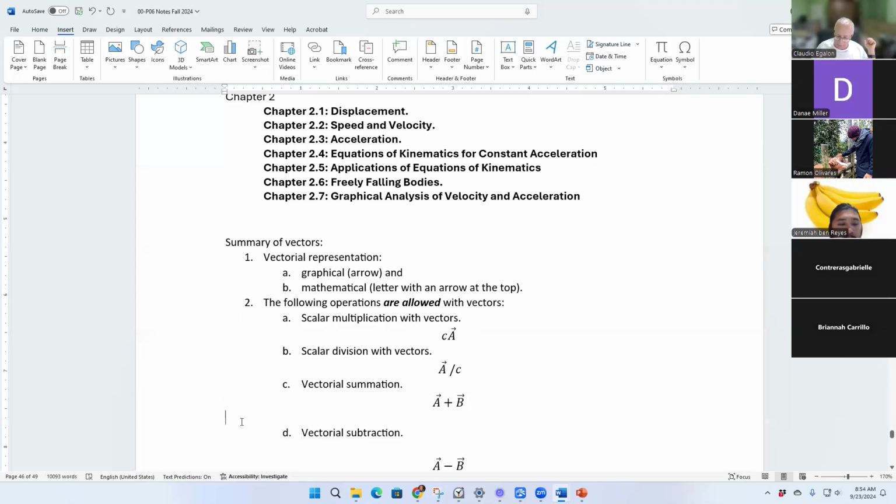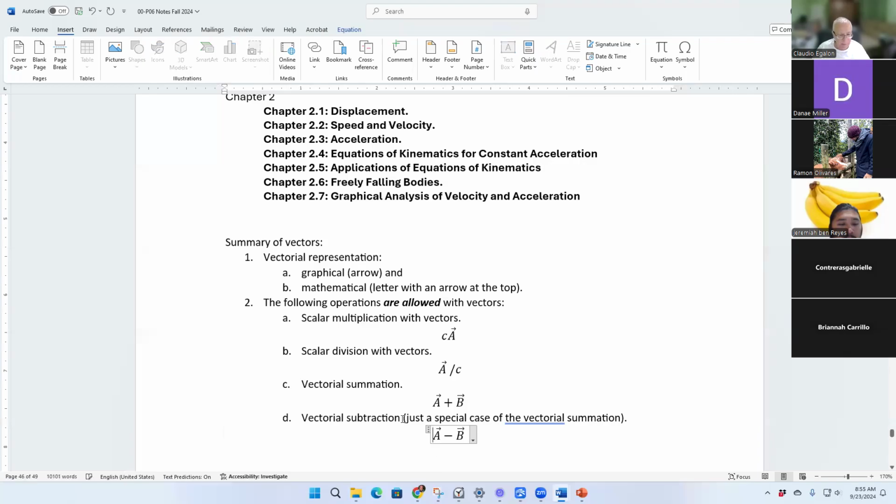The vectorial subtraction is just a special case of the vectorial summation, because you're summing the negative of a vector with another one.